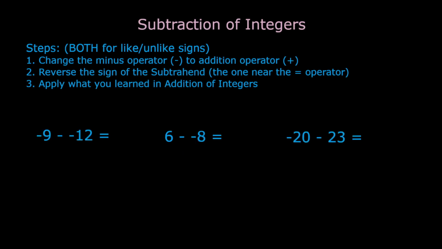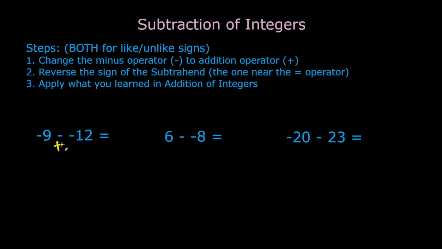So, more examples pa para mas ma-master natin. Again, feel free to pause the video kung gusto nyo munang itry isolve tong mga problems na to. We have here negative 9 minus negative 12. Again, change the minus operator to addition operator. And then, reverse the sign of the subtrahend, the one near the equal operator.